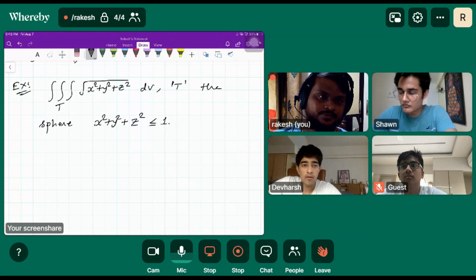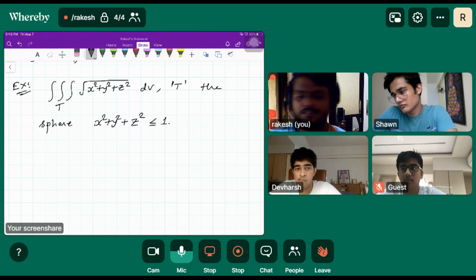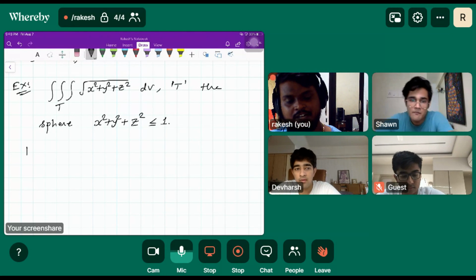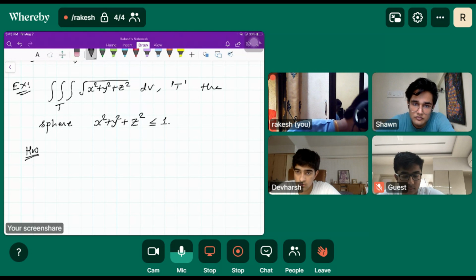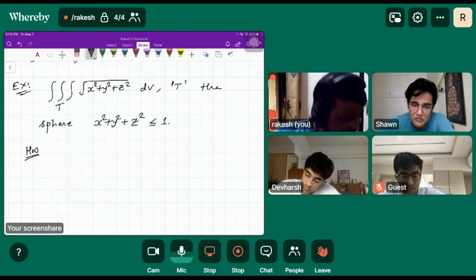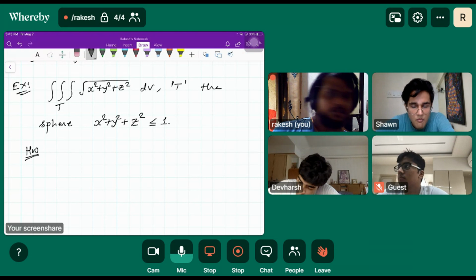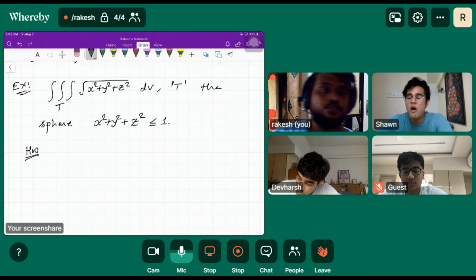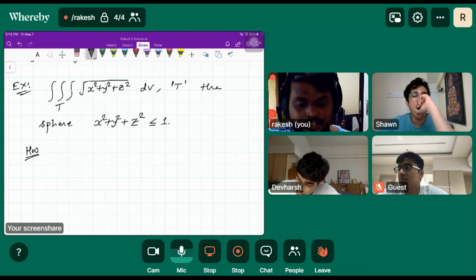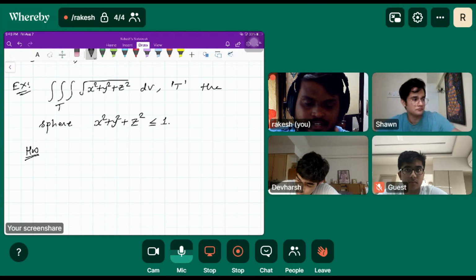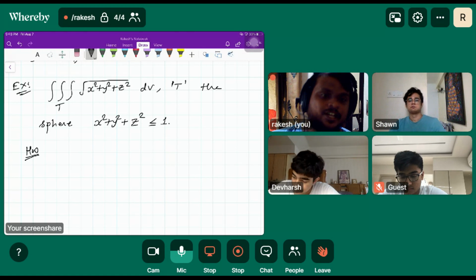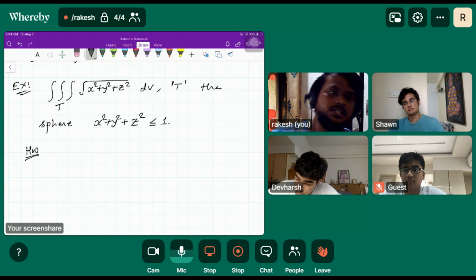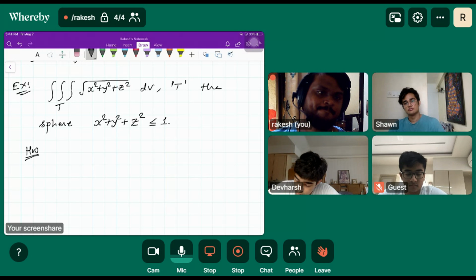This will be your homework. I have also tried that and found a lot of difficulty. So you try that by the cylindrical coordinate system and let me know what you get. And if you find a lot of difficulty, then use the spherical coordinate system.